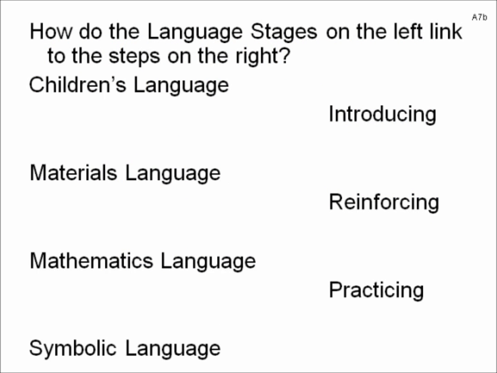So how do the four-stage language model stages, which I've got on the left here, compare to these three steps that were outlined in the resource that we've just been looking at? Well, I'd like to think that the introducing step had some links to children's language stage. What other links do you think there might have been here? If you'd like to draw them in.